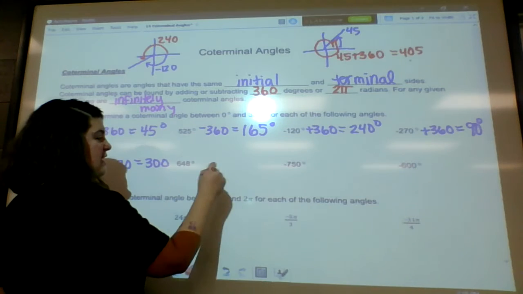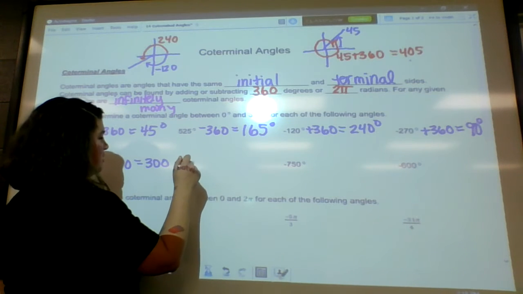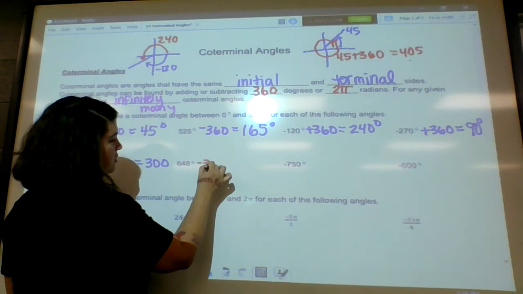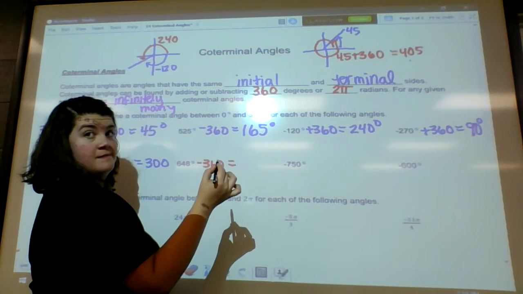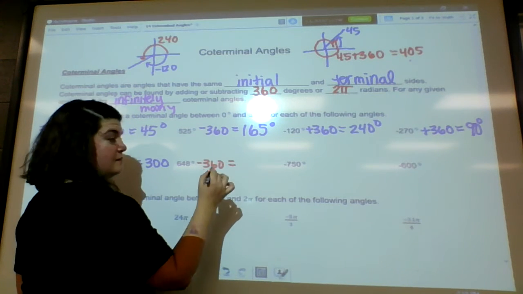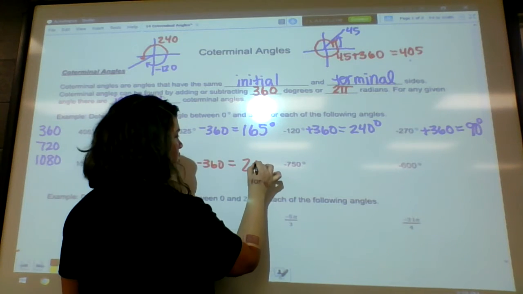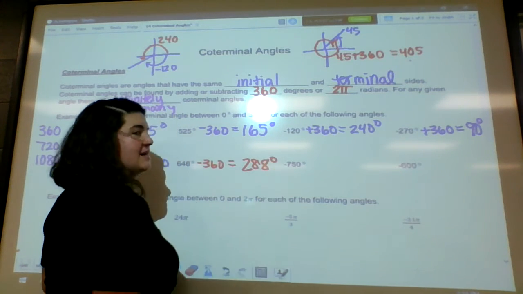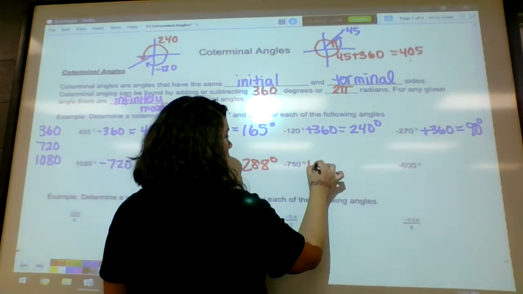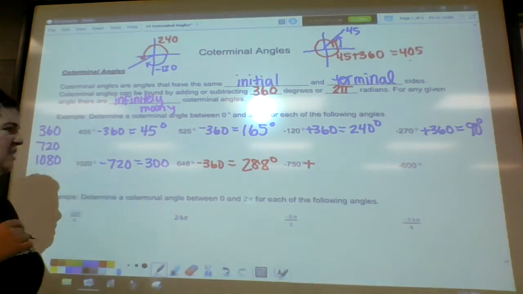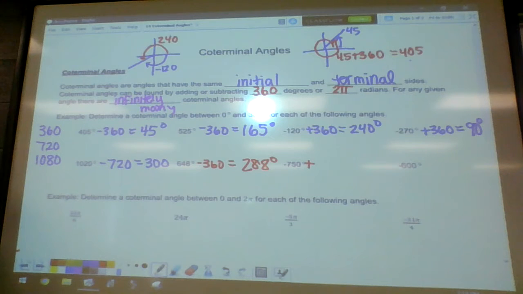All right, for the second one in the second row, 684, what did you get when you subtracted 360? 288. And then negative 750. What did you end up adding in this case? Yeah, 1080. If you add 360, you're still in the negatives.